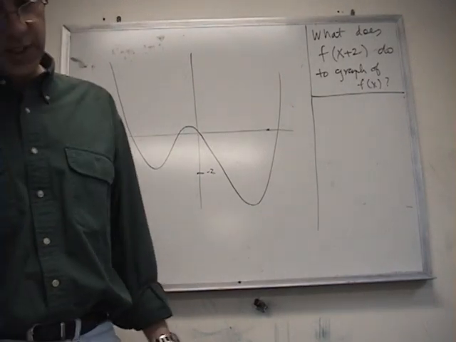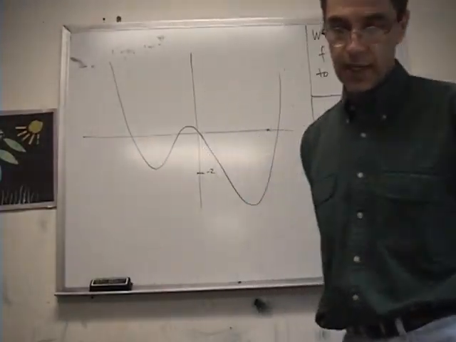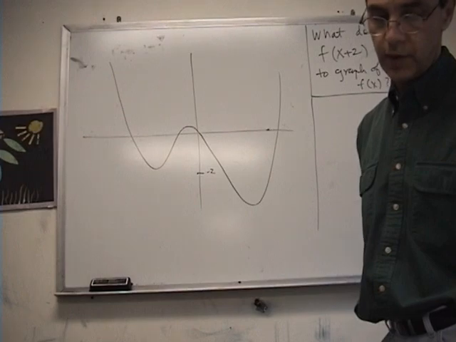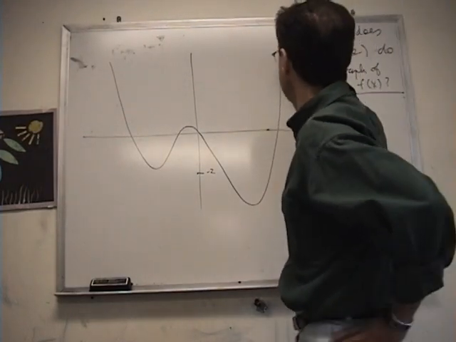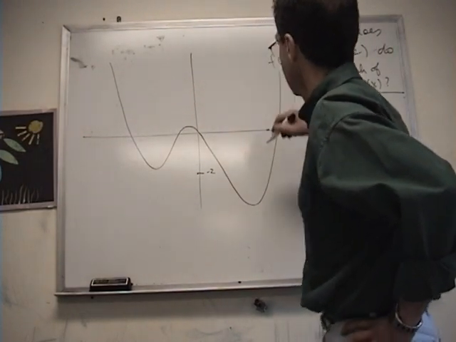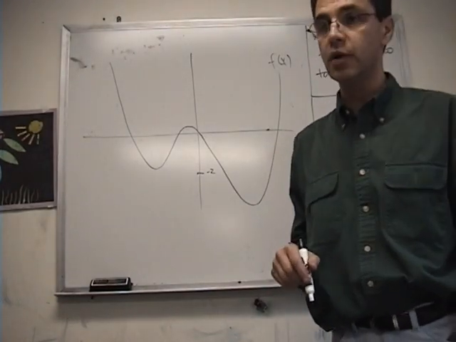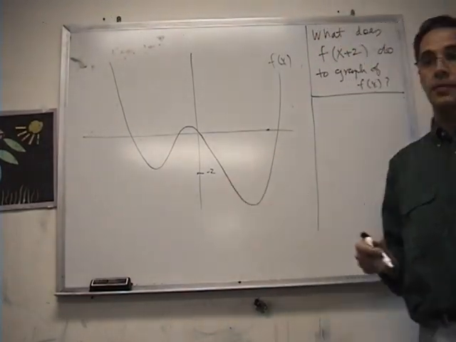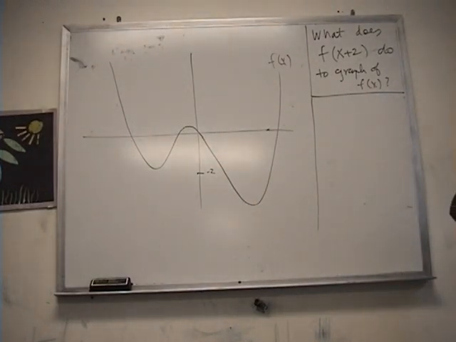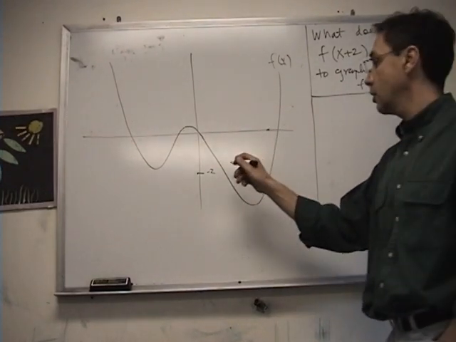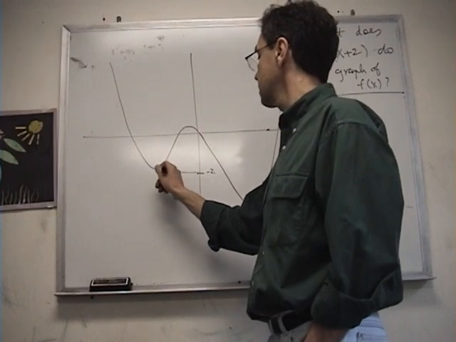Okay, so it says, if g of x equals -2 intersects the graph of y equals f of x plus k. Now this is the graph of f of x, right? Jossie, what does g of x equals -2 look like if I was going to draw it here? Well, it's when y equals -2. Good, you're right. It looks like this.